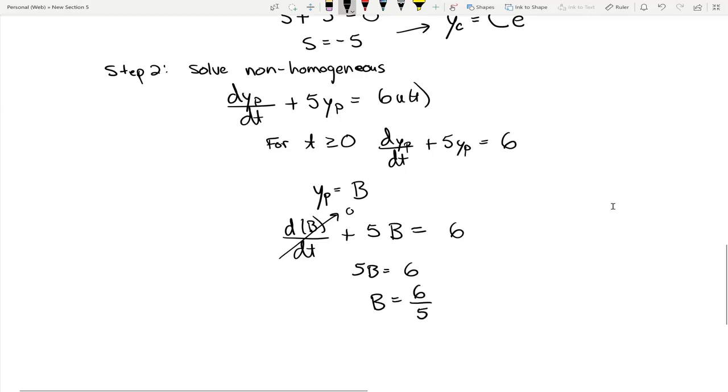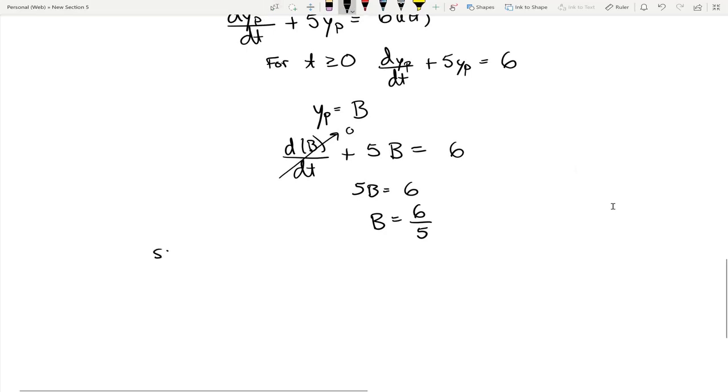Okay? So now I'm on to step 3, which is to find the total solution. y of t equals y sub c plus yp.